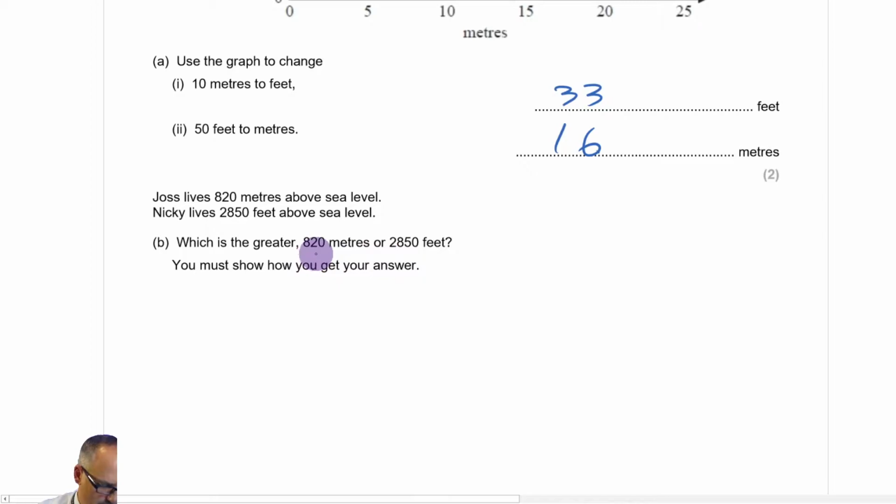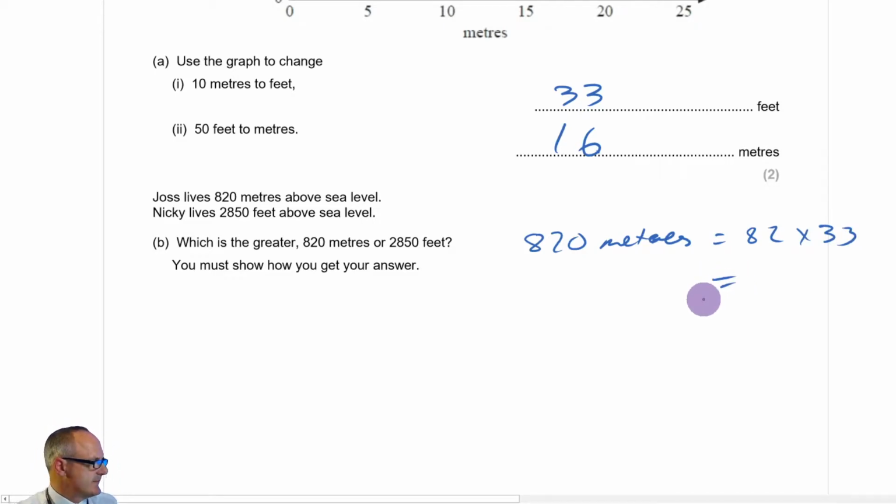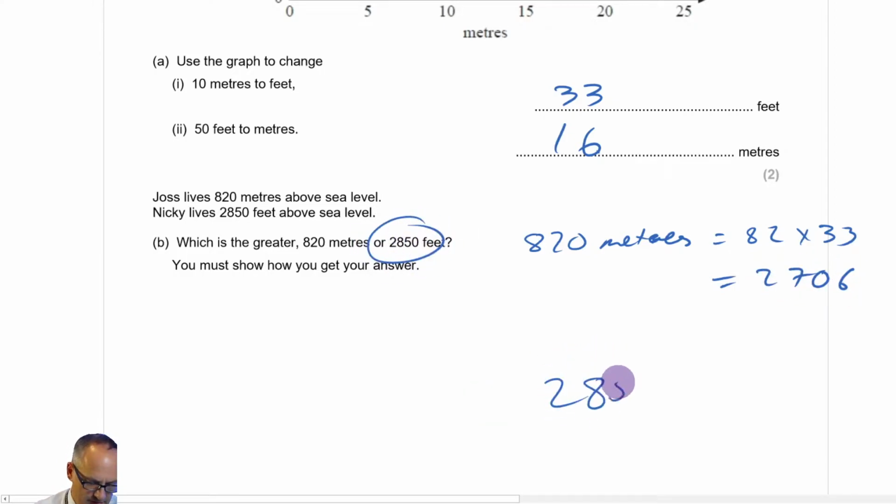So what we've got here is we know that 10 meters is 33 feet, so therefore 820 meters will equal, if we divide 820 by 10 to get 82 and then times this by 33, that gives us the feet, and that comes out to be 2,706 feet. So it's quite clear that 2,850 feet is greater.